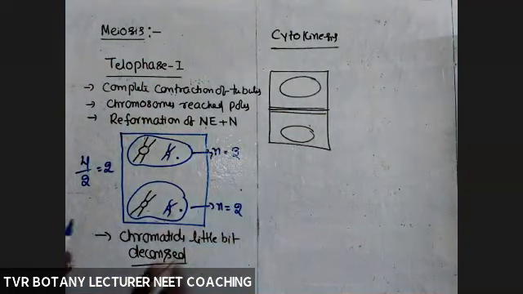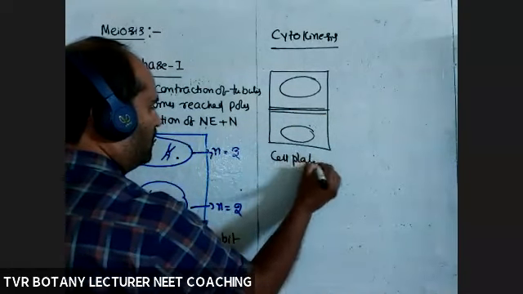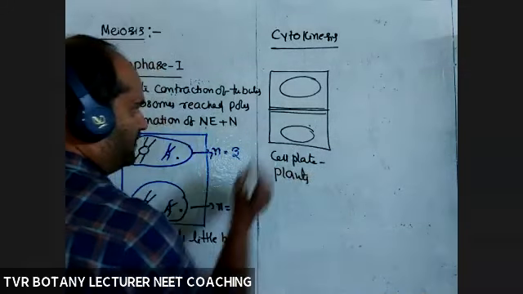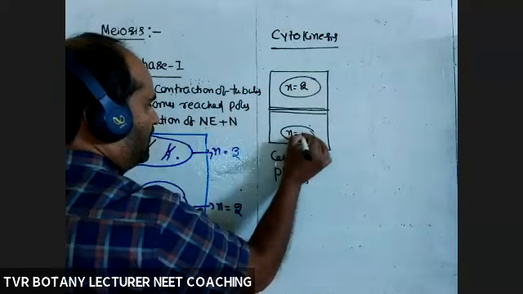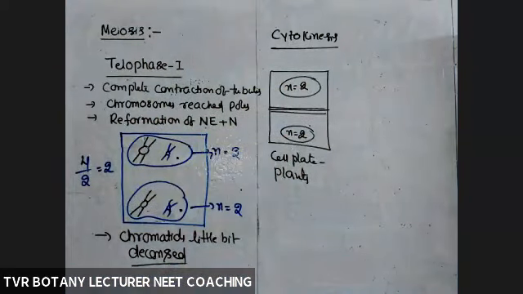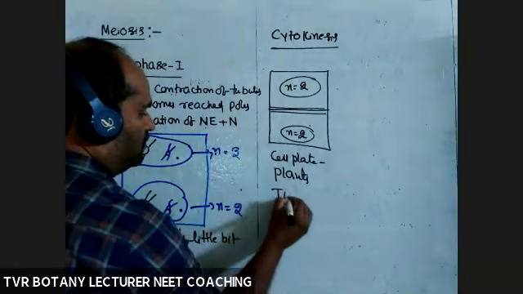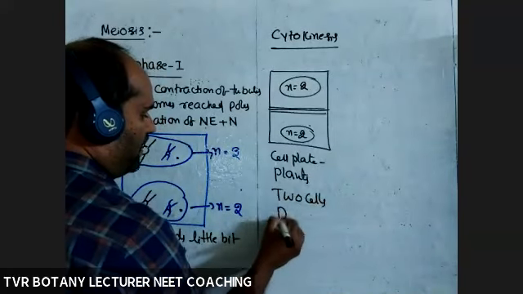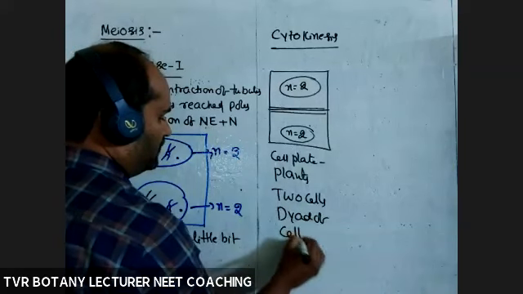Cell plate method in the case of plants. Same copy paste. N number of chromosomes to here, n number of chromosomes to here. Okay, so how many cells? 2 cells, daughter cells. Dyad of cells.